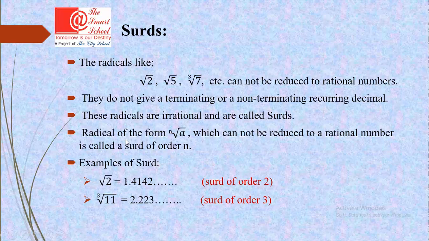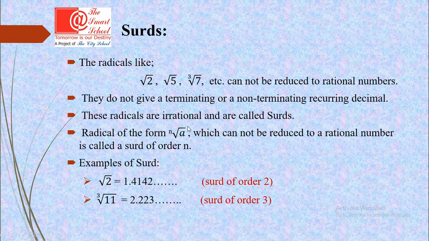A radical of order n which cannot be reduced to a rational number is called a surd of order n. As I just told you, if the answer is irrational, we call it a surd. Examples of surds: the square root of 2 is equal to 1.4142 and so on.